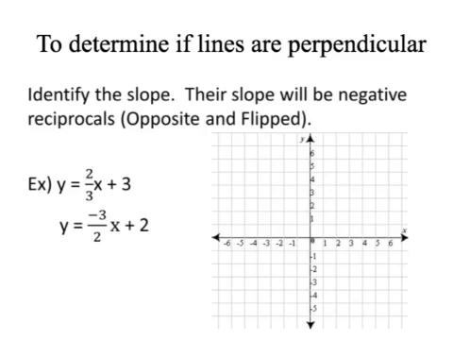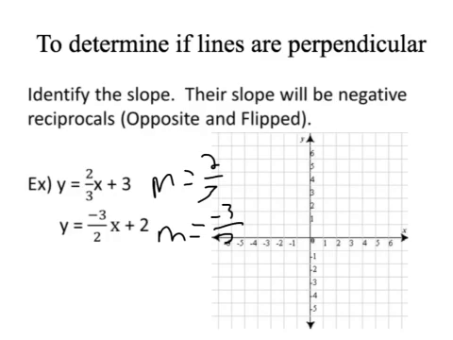So an example of perpendicular lines would be the two equations listed below. Y equals 2/3 x. Our slope here would be 2 over 3. And the second equation, y equals negative 3 over 2x plus 2, our slope would be negative 3 over 2.